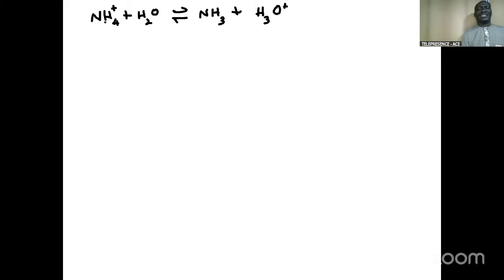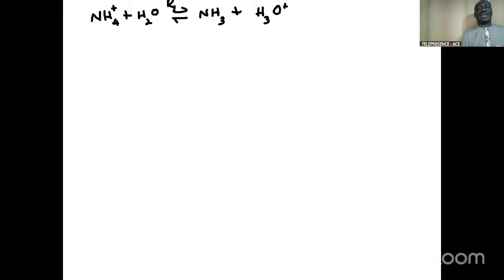NH4+ is a proton donor donating protons to H2O. When it donates a proton, it forms NH3, and when water accepts the proton, it becomes H3O+. This process is called hydrolysis.